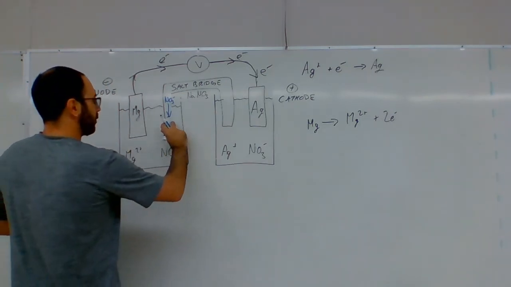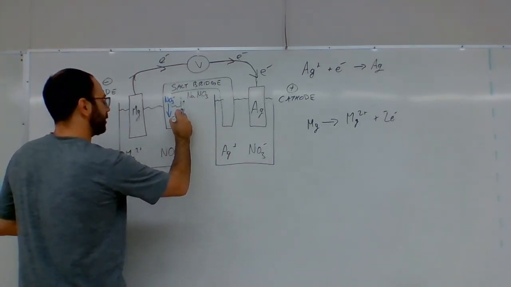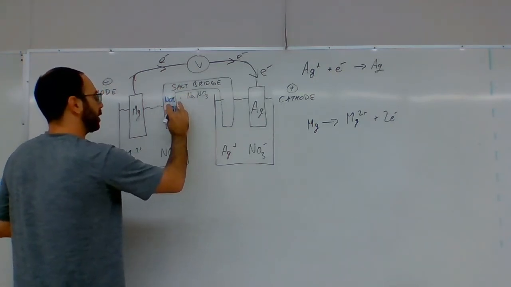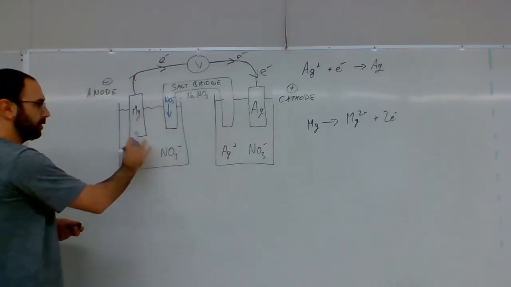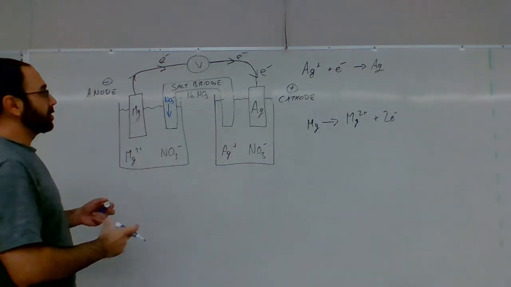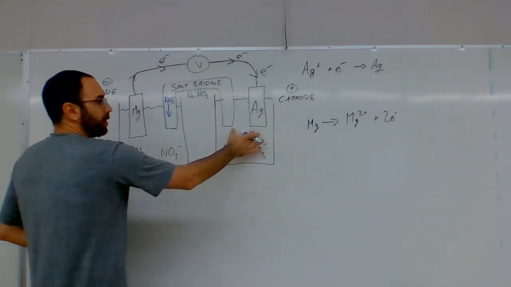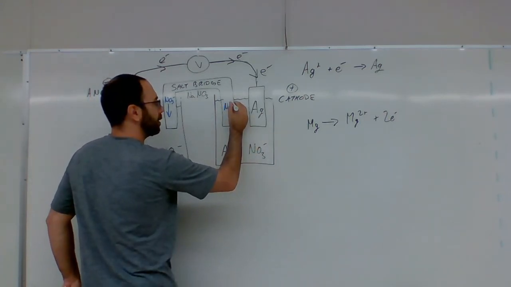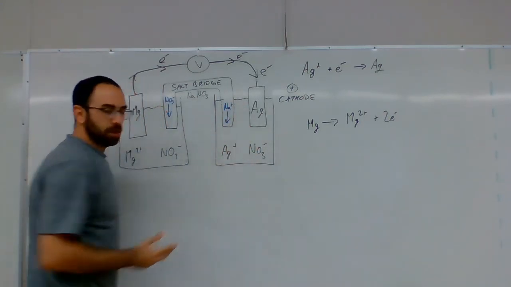To help replace that negative charge that's being lost by those electrons transferring, or to counteract the positive buildup in this side. And so if we're getting a buildup of negative ions in here as well, we would start to have this positive sodium start to flow in this direction.